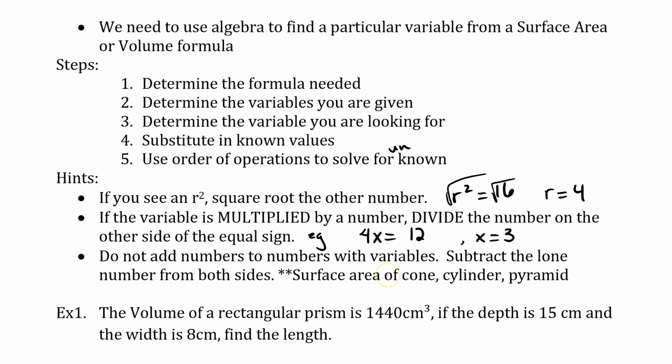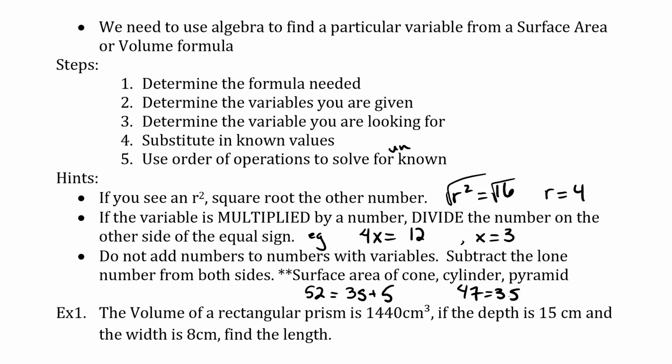This happens in the surface area, specifically of a cone, cylinder, and a pyramid. An example of this would be 52 equals 3s plus 5. We want to subtract 5 from both sides, and I get 47 equals 3s.